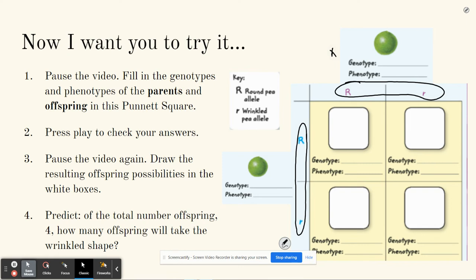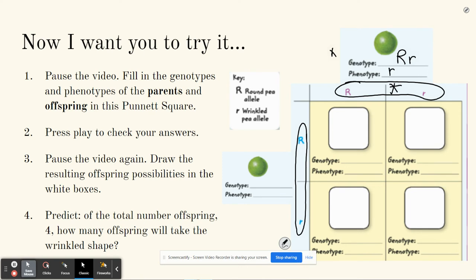All right, so let's go ahead and walk through this. You should now have at least all the genotypes and phenotypes done for the parents and offspring. Up here, we know that our genotype is a big R and little r because that was given to us here. And we see that big R, little r, the big R is a round pea. And because I have one of each, the dominant is what I'm going to show.